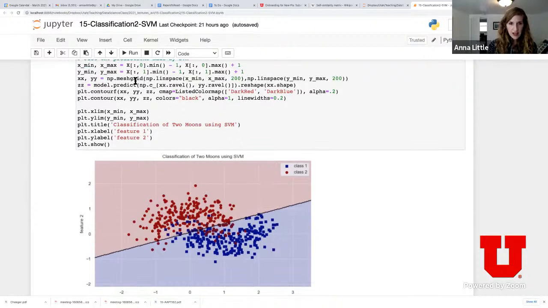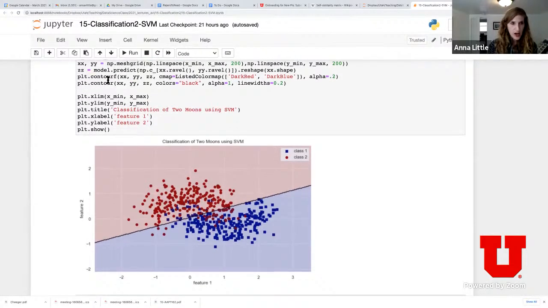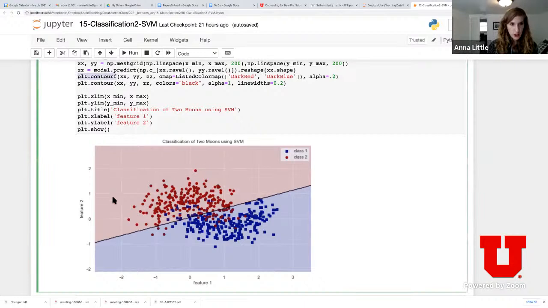Then you can see it's plotting the filled contours and also the contour lines. This first call plots the shaded regions. It's showing you that the classifier will define all of the points in this light red zone to be the plus ones, and all of the points in the blue zone to be the minus 1 points.